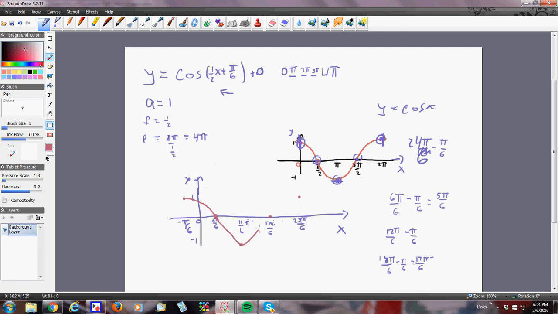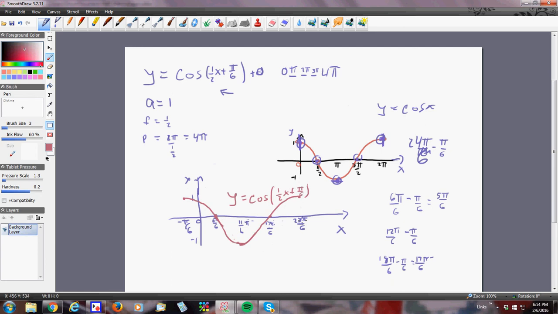And it's funny because, well, I shouldn't really toot my own horn, because this is kind of ugly down here. It should be more like that, I'd say. I was going to say it's funny because I can't draw a straight line, but my curves come out pretty nice. So this is y equals cosine of 1/2 x plus pi over 6.